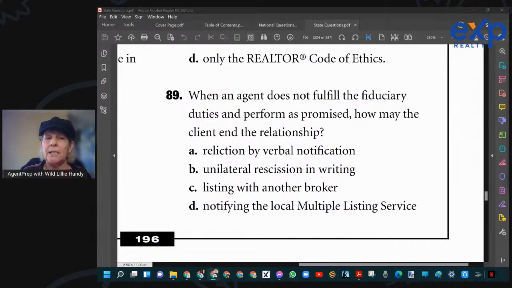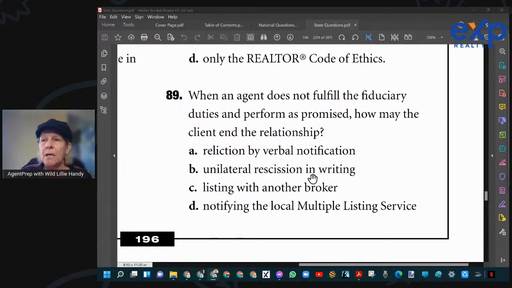Because it has to be done in writing by the client. See, the first one says verbal. So no, it needs to be in writing. Listing with another broker, they can only have one agreement at a time. So before the other broker would accept their listing or contract, they would have to terminate the other agreement.